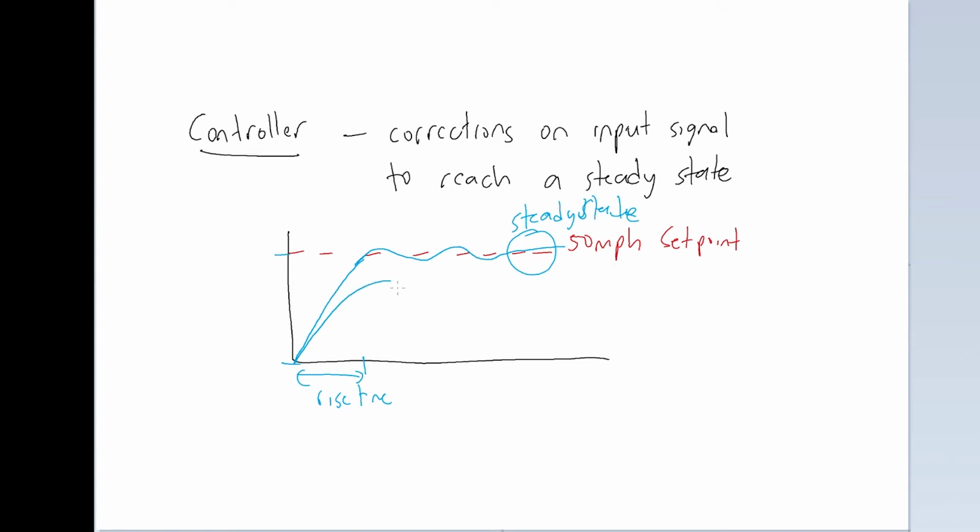The steady state might be somewhere like this, right? So it's steadying here, or it could be like that and steadying there. The controller makes those corrections to try to get to your command, but to reach a state that doesn't necessarily match your command, but is at equilibrium.